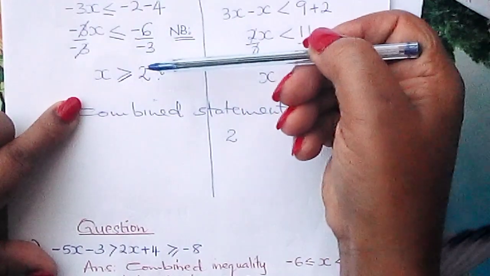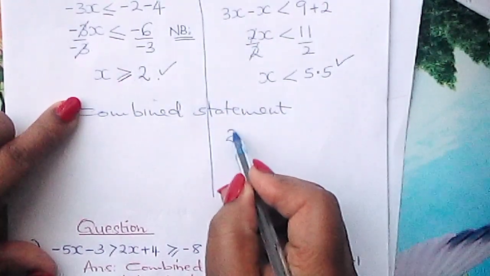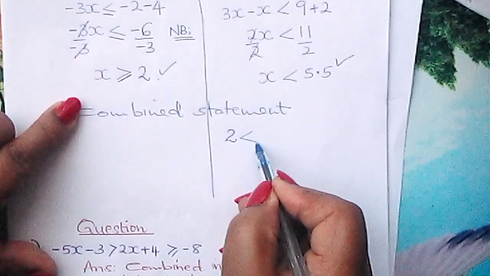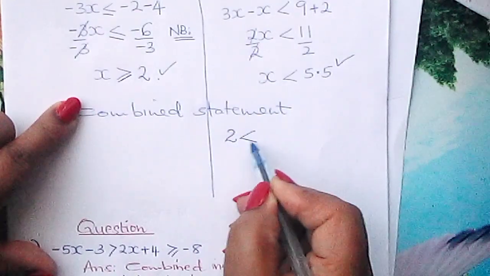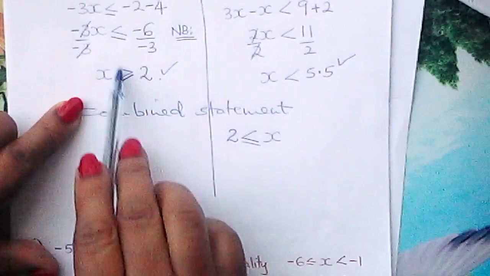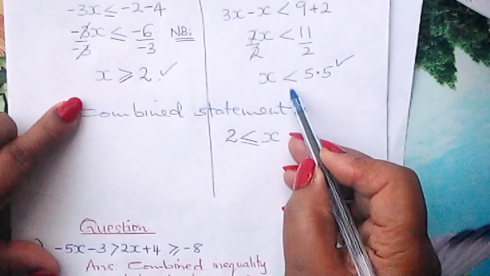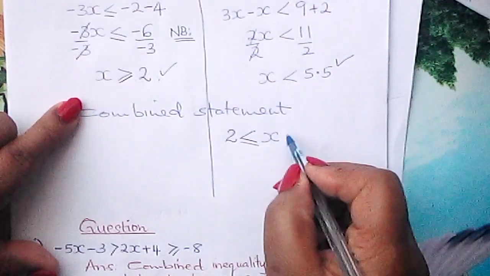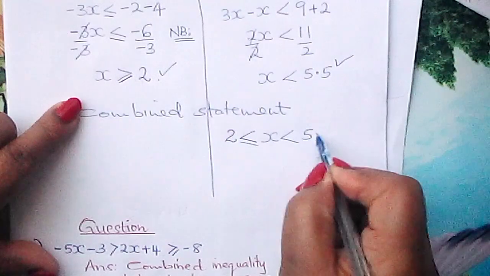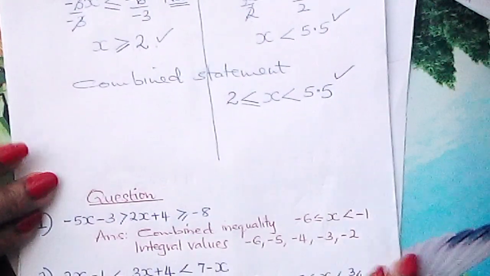If you read from the right, 2 is less than or equal to x. So you write 2 is less than or equal to x. Then you continue with x is less than 5.5. This is what we call a combined statement or inequality.